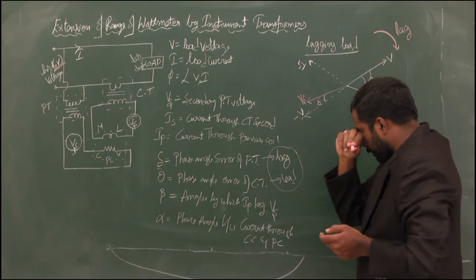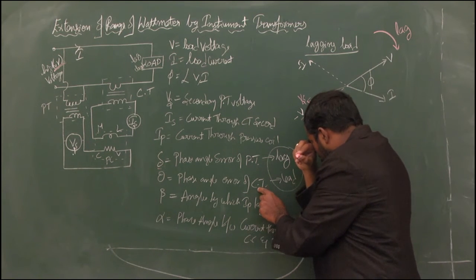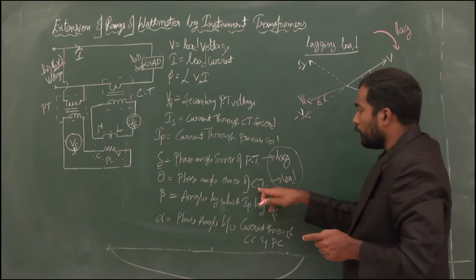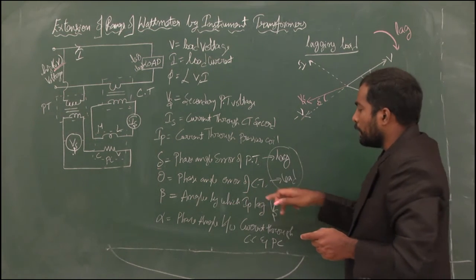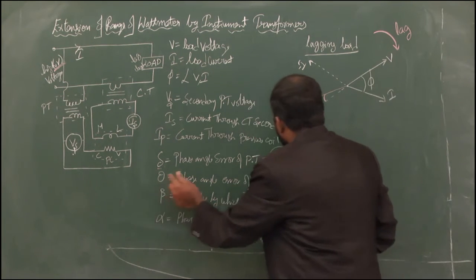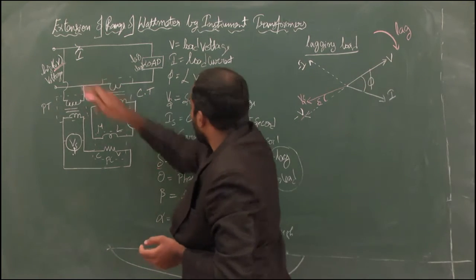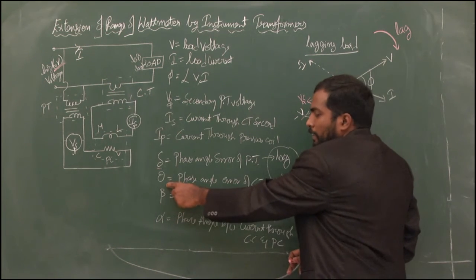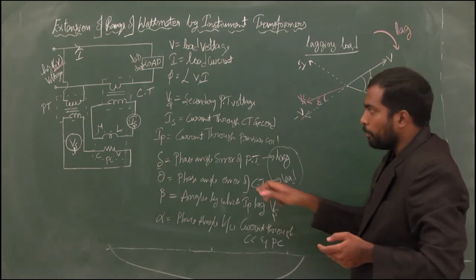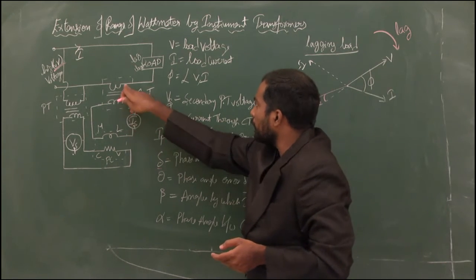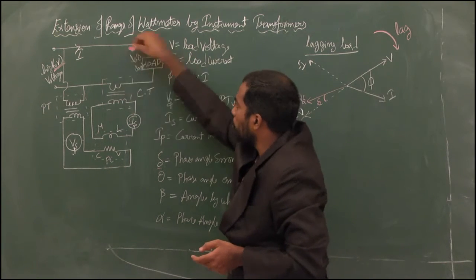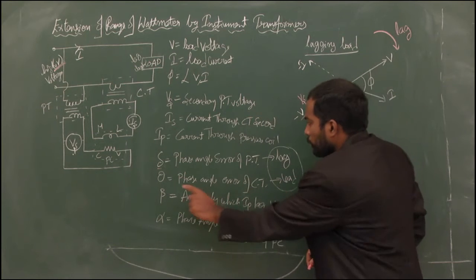In a similar way, the phase angle error due to the current transformer is nothing but theta, where I am saying that the secondary current through the current transformer will lead the actual load current by an angle of theta.